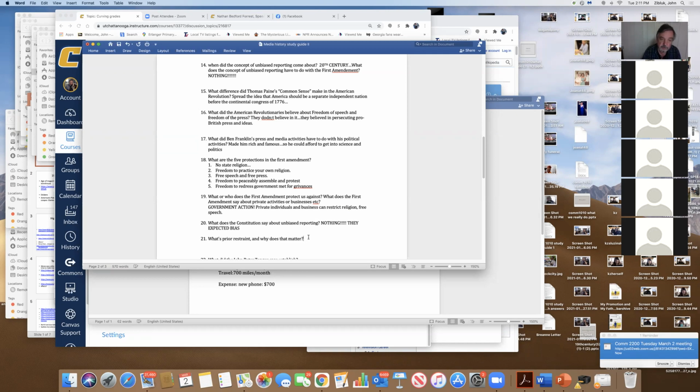Prior restraint, censoring speech or press before it is printed or broadcast. Why does that matter? Government will not be a censor.